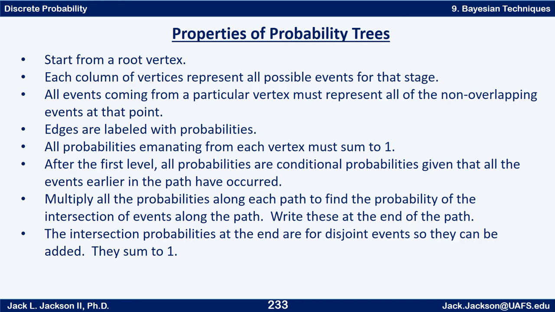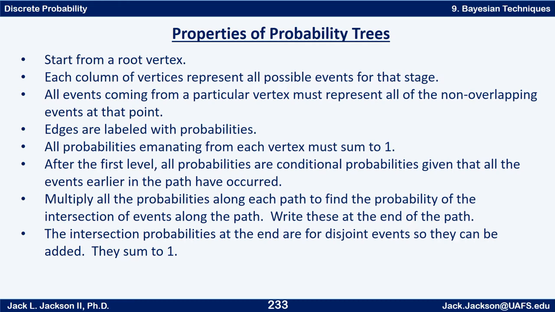All events coming from a particular vertex must represent all the non-overlapping events at that point. The edges, the line segments, are labeled with probabilities. All the probabilities emanating from each vertex must sum to 1. And after the first level, all probabilities are conditional probabilities, given that all the events earlier in the path that led to that point have occurred.